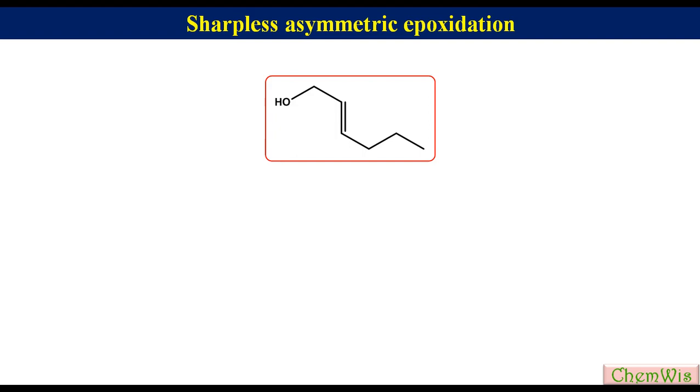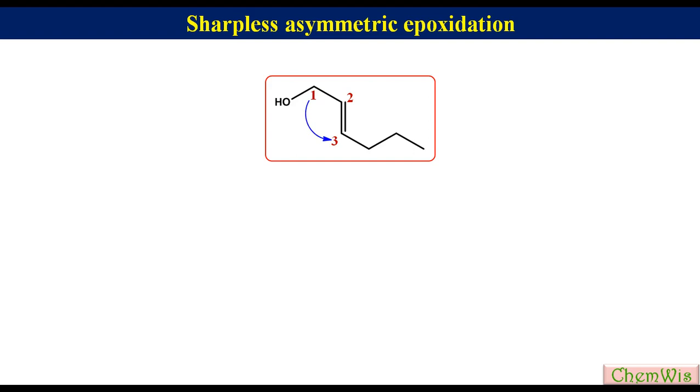For this, as we have just discussed, label the allylic system starting from the allylic carbon as 1, 2 and 3. Draw an arrow from 1 to 3.